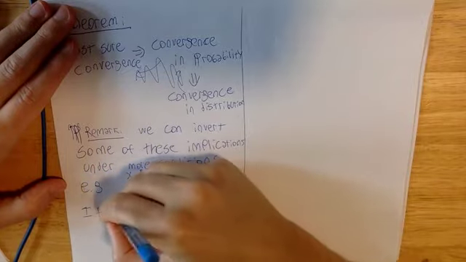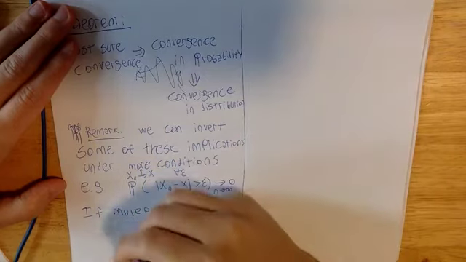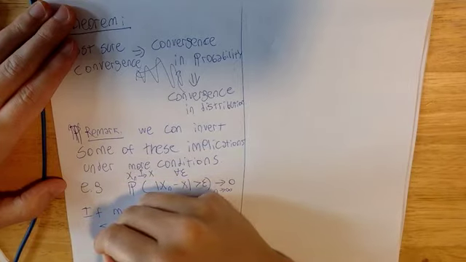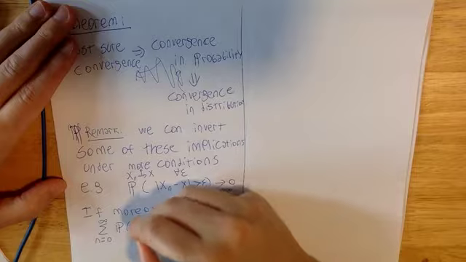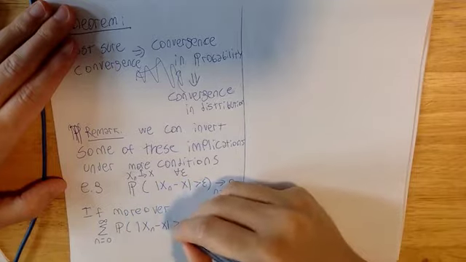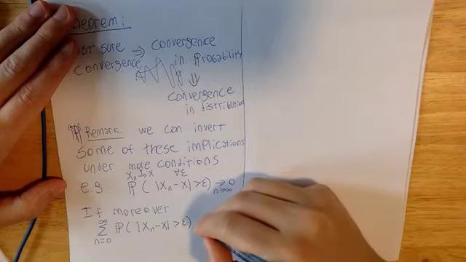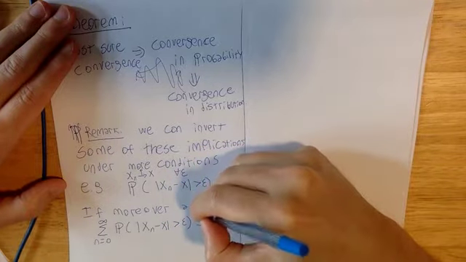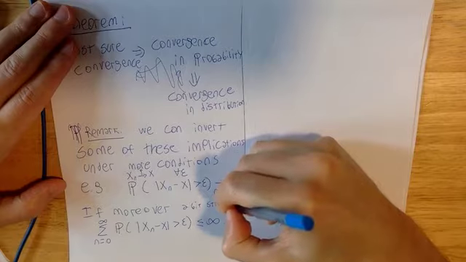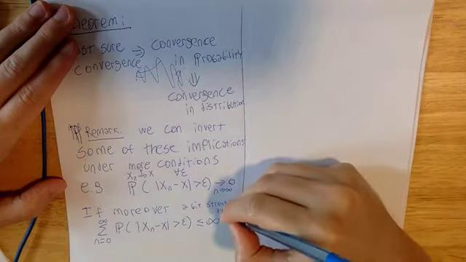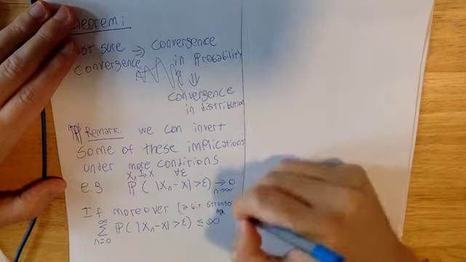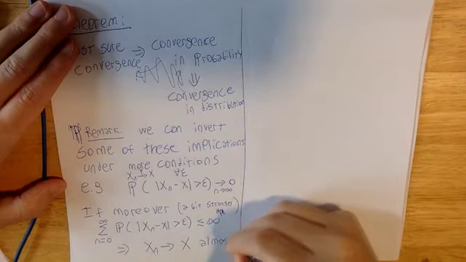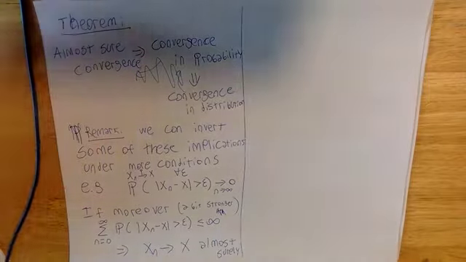If, moreover, the sum over n up to infinity of the probability that |X_n minus X| is bigger than epsilon is finite, so this is a bit stronger than convergence in probability, then X_n converges to X almost surely. And these are the type of implications we've seen in class.